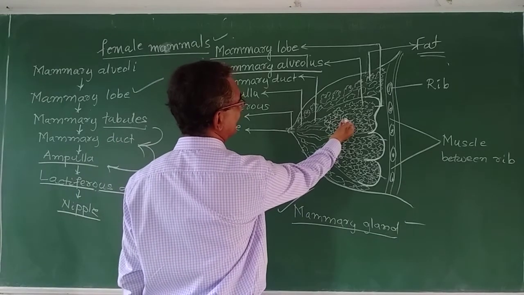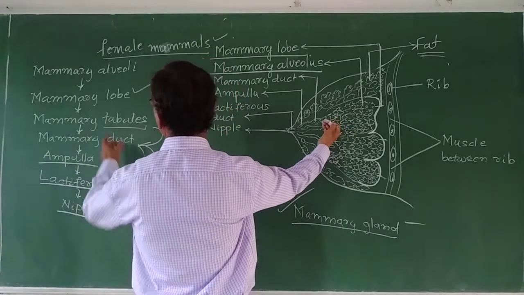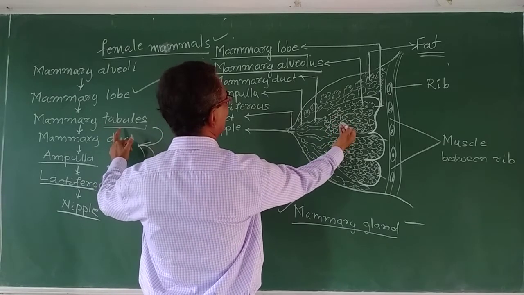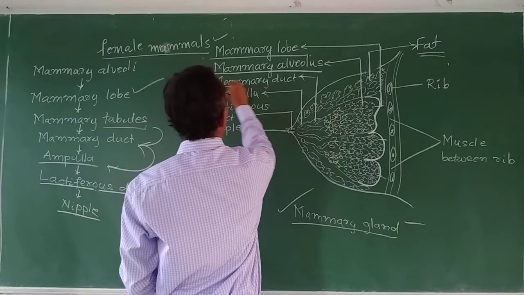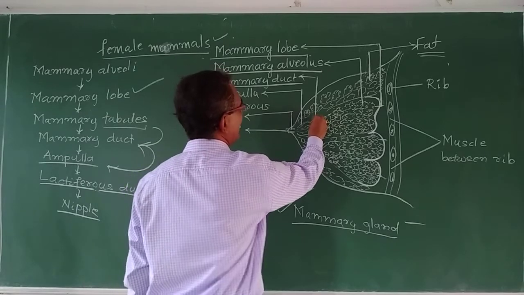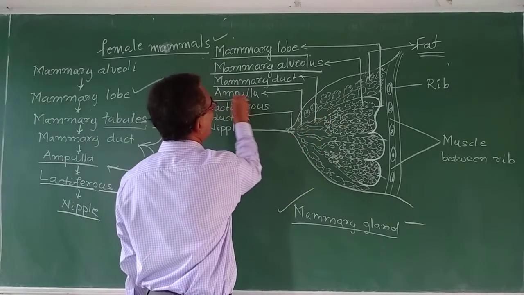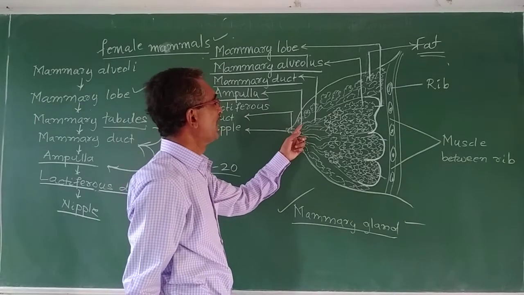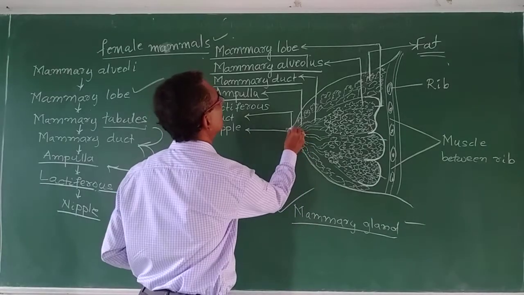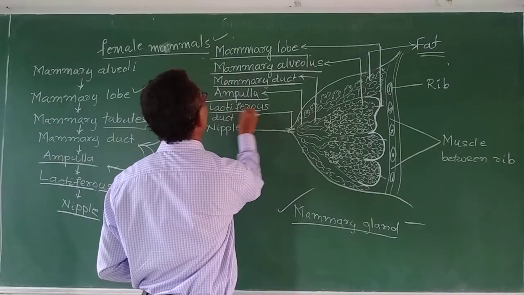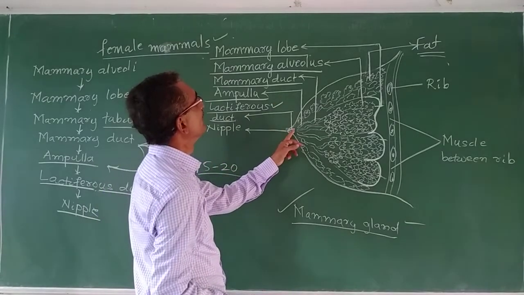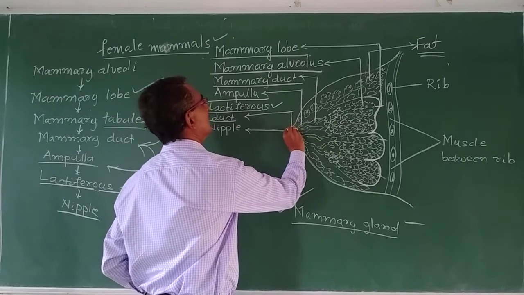These cells open into the mammary tubules, and the mammary tubules of each lobe connect and make a mammary duct. These are the mammary ducts, and they open into the ampulla. Further, the ampulla opens into the lactiferous duct, and finally it opens into the nipple.